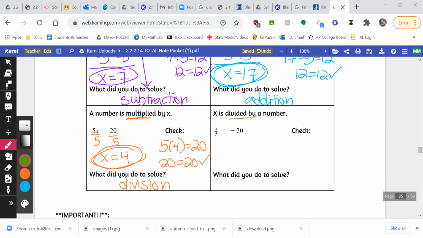In the next one, we have x is being divided by a number. So to solve this one, we can see that x is being divided by 5. So I'm going to do the inverse, which is to multiply by 5 on both sides. So we get x equals negative 100.